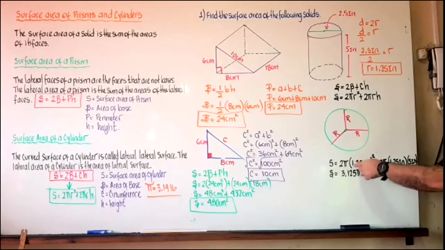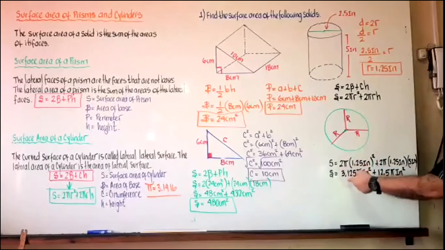Understood? 1.25 to the second power and the result multiplied by 2.